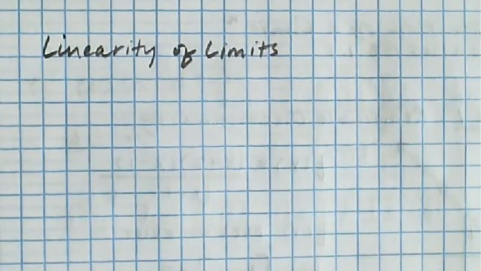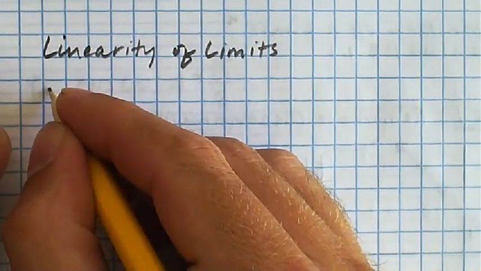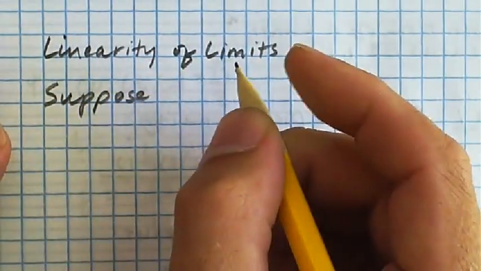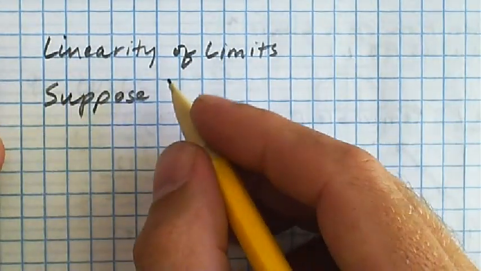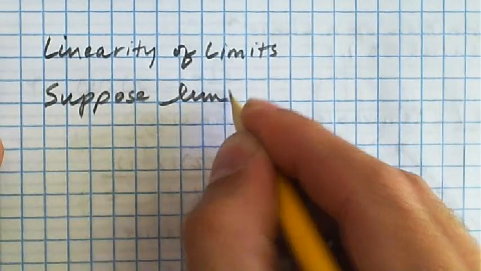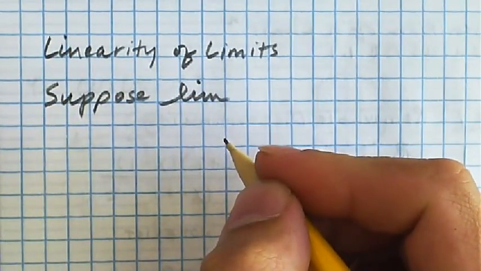I'll just do it like the homework and change the numbers up a little bit. I'm going to say, suppose we have a function h of x, and a function g of x.